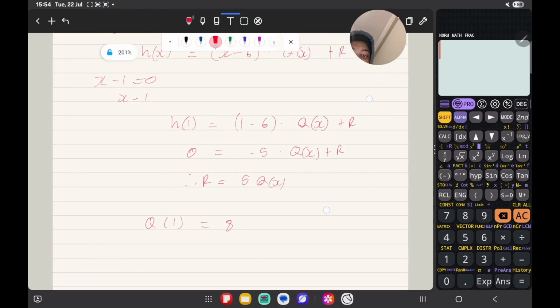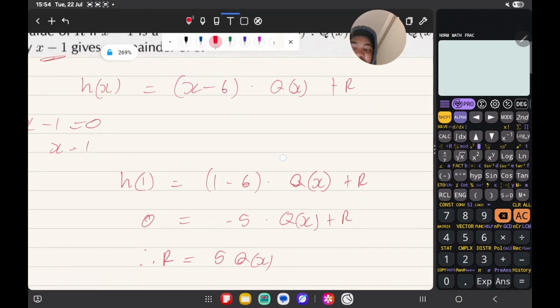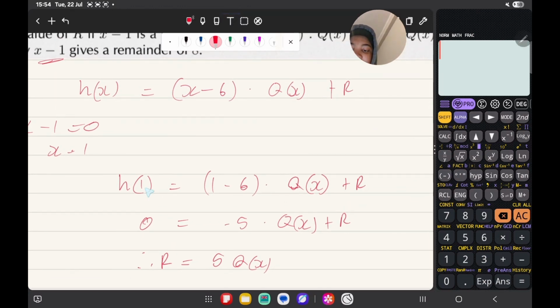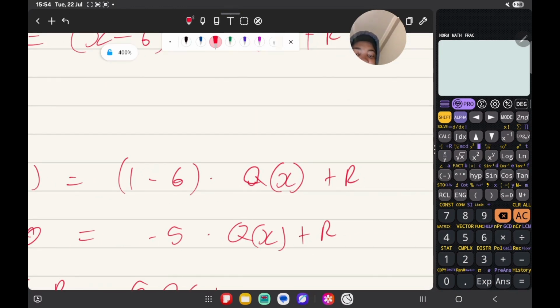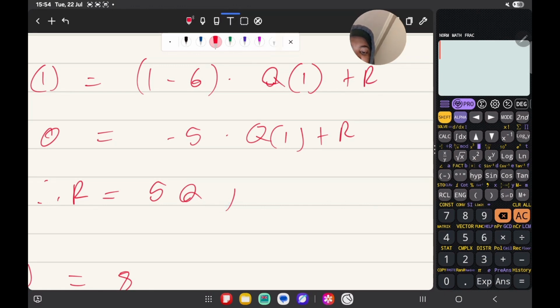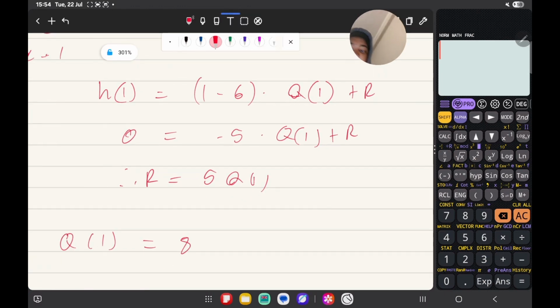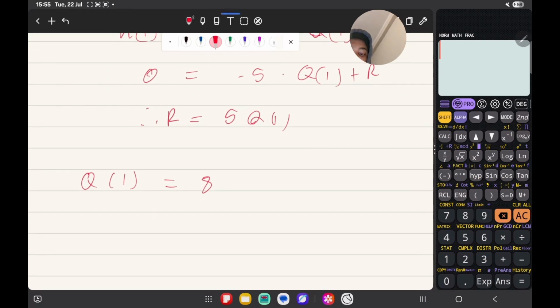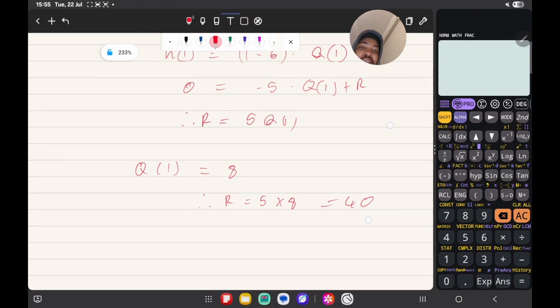Apologies again, because when we substitute 1, we have to substitute 1 all over. Here it should be q(1), and therefore here we also have q(1). Wherever we see x, we put 1. Here we find that q(1) is 8, so r is going to be 5 multiplied by 8, which is 40, and just like that you're done.